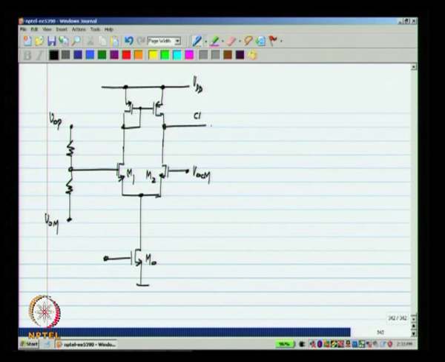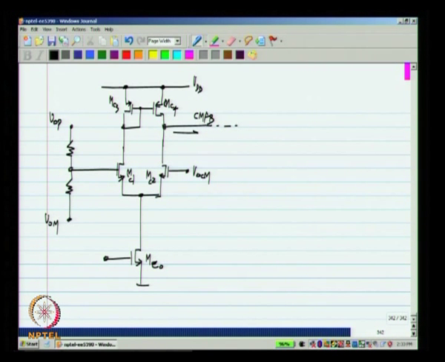So, this is the common mode feedback that goes to M3 and M4. Okay. Now, sorry, these are MC0, MC1, MC2, MC3 and MC4.